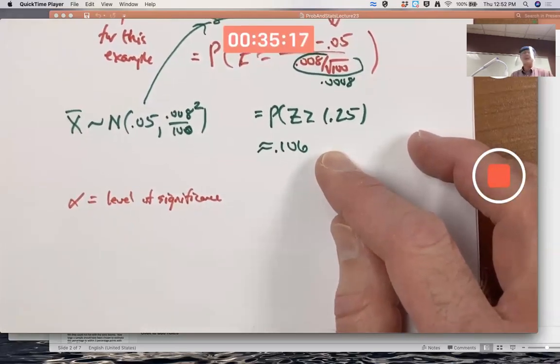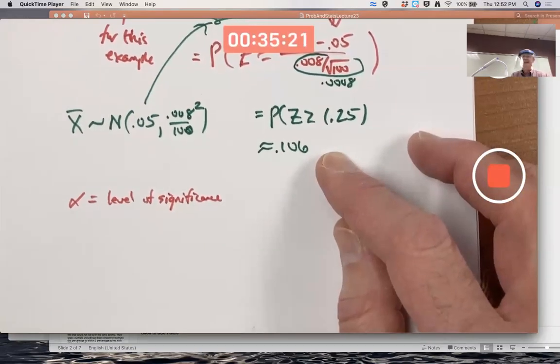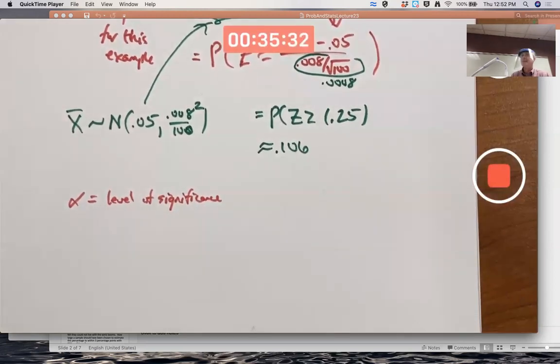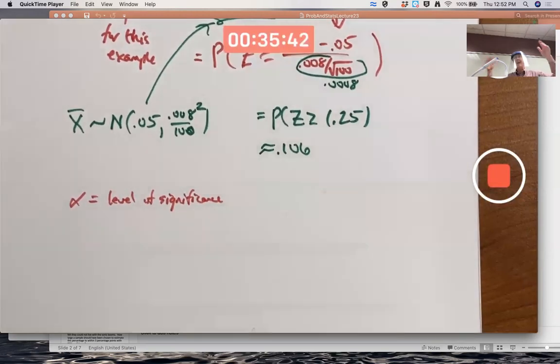From a researcher standpoint, when people are writing scientific papers using statistical testing like this, they don't necessarily say I reject the null, or I fail to reject. They may just state the p-value and leave it at that, and leave it to the reader to decide, or leave it to the scientific community to decide, and probably not just based on that one research paper, but other people's, right?